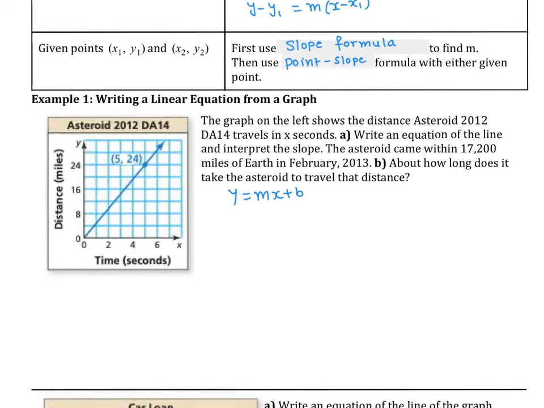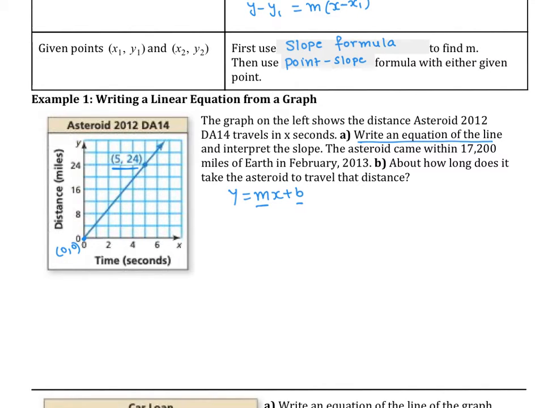So first thing we want to do for this question is write an equation of the line, and for that we need a slope and a y-intercept. To find a slope we need 2 points. One point is 0, 0, and the other point is given as 5, 24.